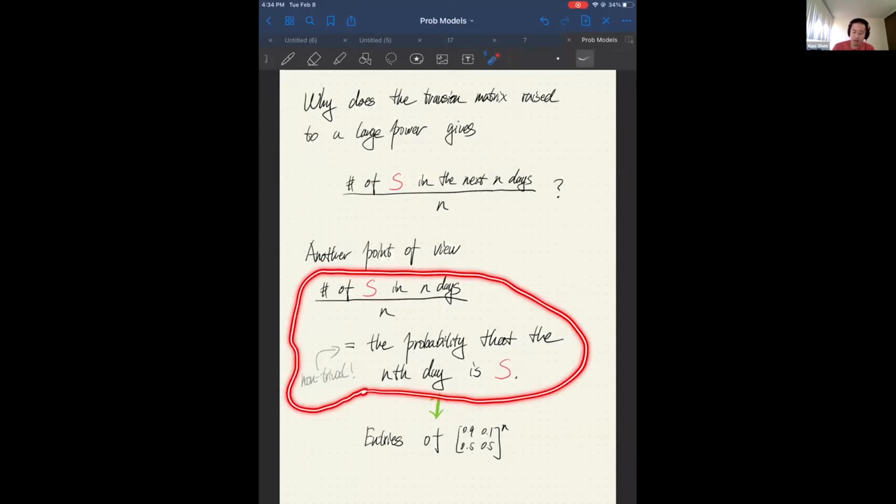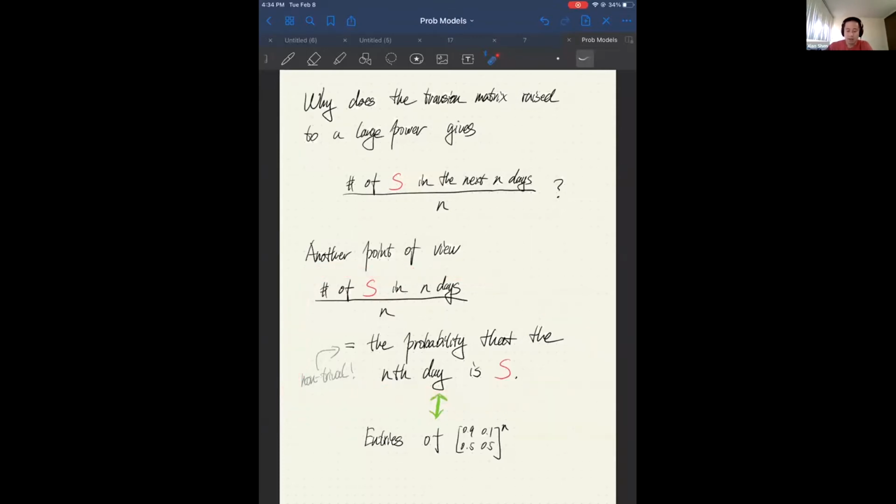The equality is quite non-trivial to see. What it says is that if we look at the number of sunny days in the next n days, and normalize by n, this is the same as the probability that if we just look at the nth day, that day is a sunny day.